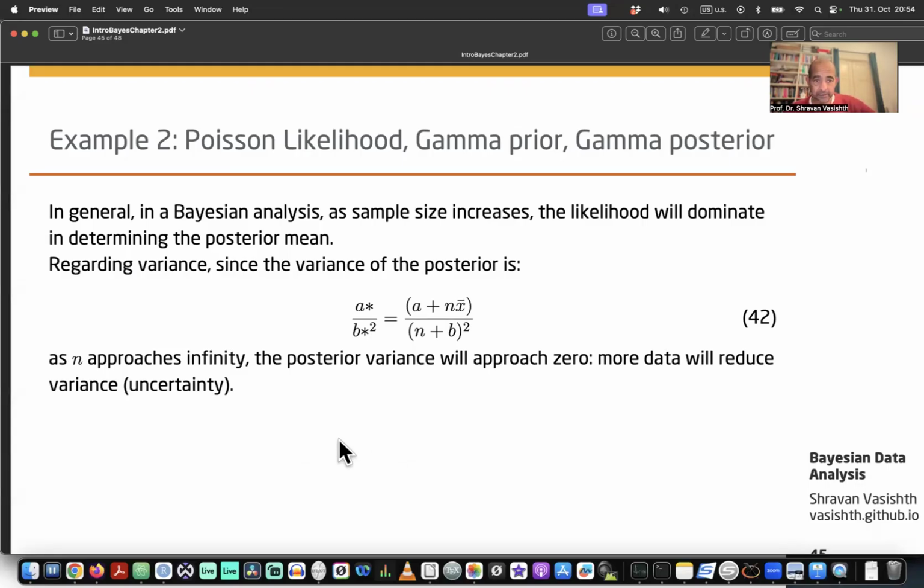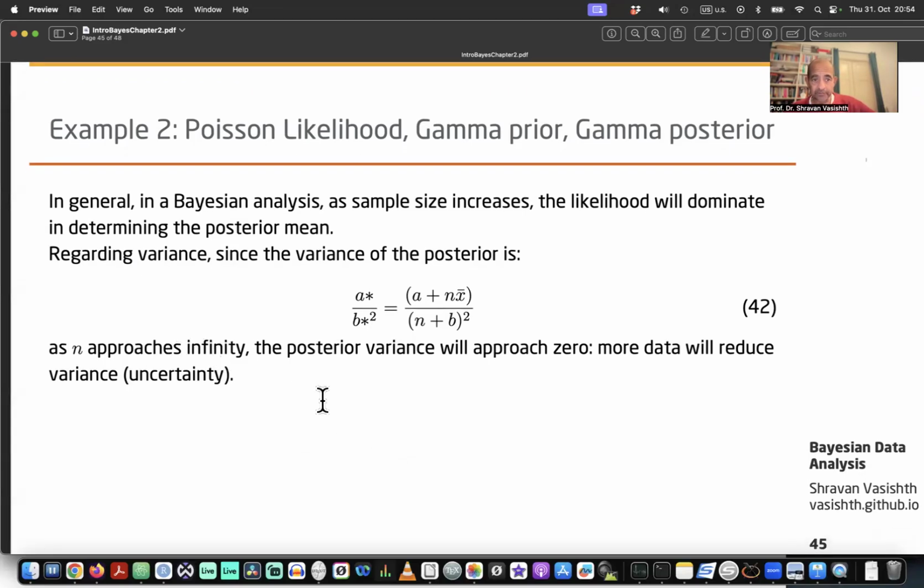Similarly, as n approaches infinity, the posterior variance will approach 0. You can see that here because the posterior variance is a star over b star squared, right? If we rewrite it in terms of the derivation that we came up with earlier, you'll see that the denominator is the square of the numerator as far as n is concerned. So as n approaches infinity, this number is going to get smaller and smaller.